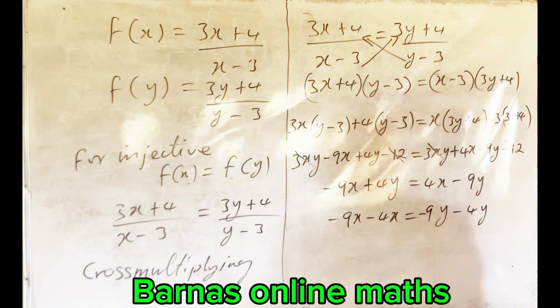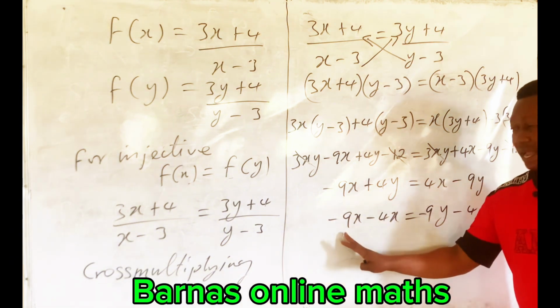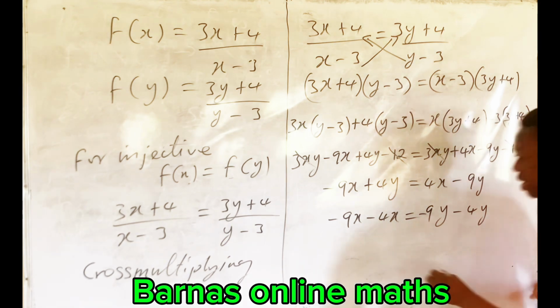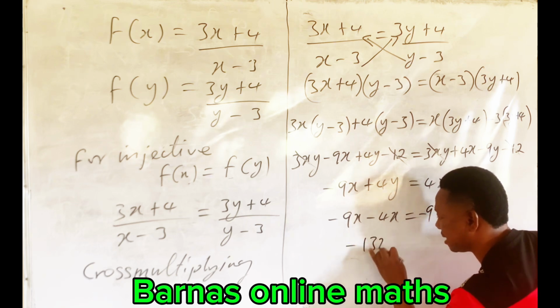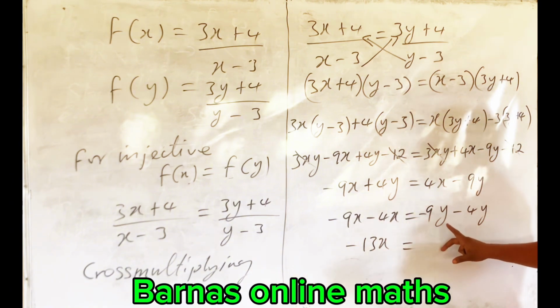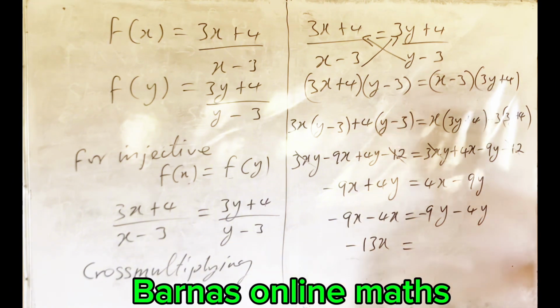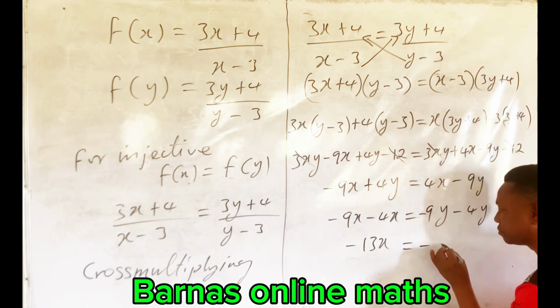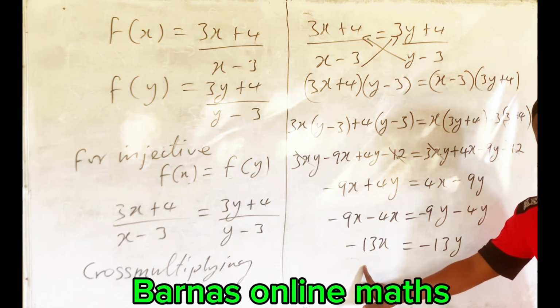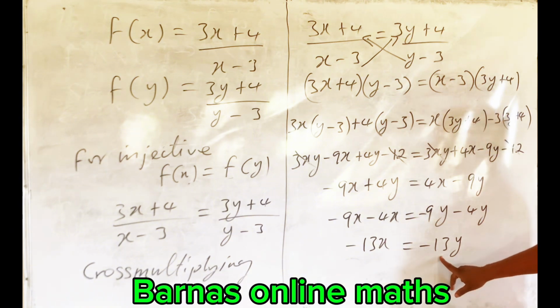If we further simplify, minus 9x minus 4x automatically will give us minus 13x, which is equals to minus 9y minus 4y automatically will give us minus 13y. So we found out that minus 13y in the left hand side will cancel minus 13y in the right hand side. Okay, let me clean the board.